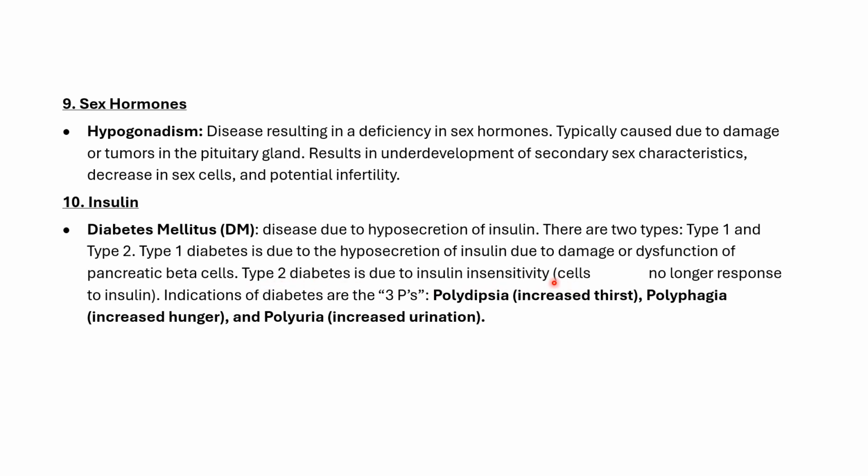Usually obese people have resistance to insulin. When the treatment is started, first drugs are given to these patients, and later on, many of them require insulin as well. So the indications of diabetes are the 3 P's: polydipsia, increased thirst; polyphagia, increased hunger; and polyuria, increased urination.